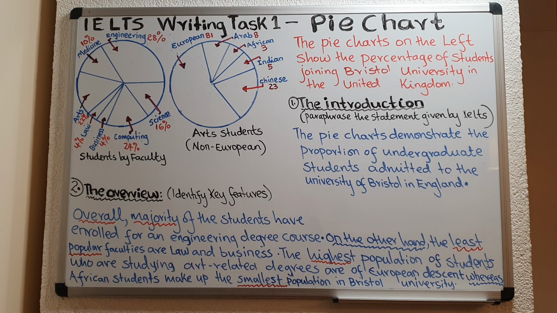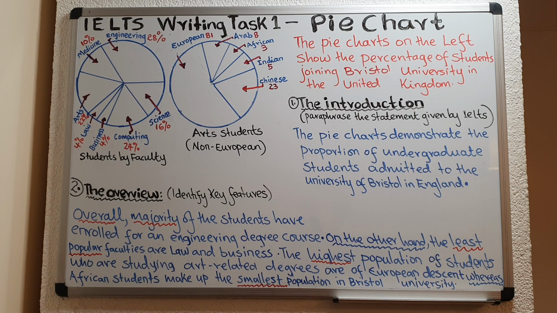Now, when it comes to writing task 1, for the general training student, you are usually asked to write a letter. However, for the academic students, your writing task 1 could be a report based on a chart, for example, a bar chart, a line graph, a pie chart, a table, a map, or even a diagram.